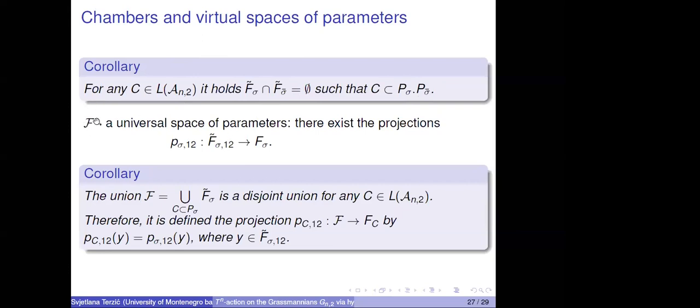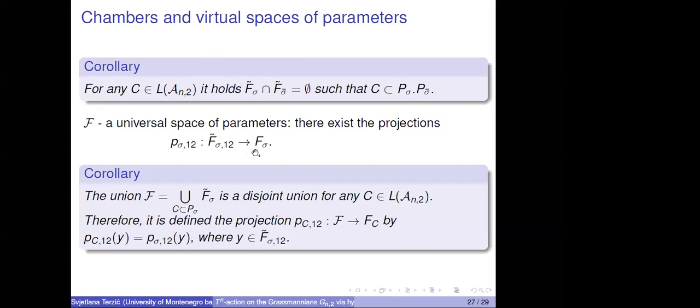Now F is a universal space of parameters, and one of the requirements for the universal space of parameters is that it is the union of all virtual spaces of parameters, and that for all virtual spaces of parameters there exists a projection to the space of parameters.